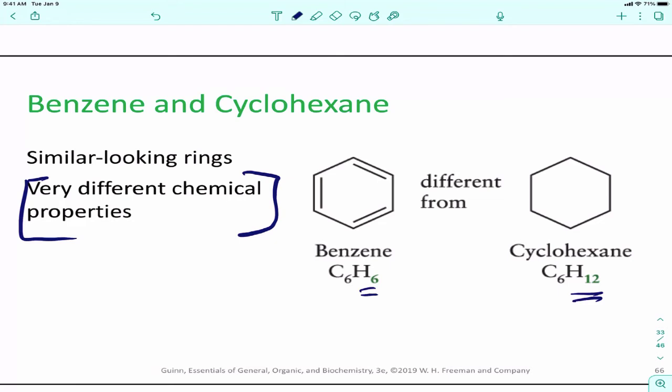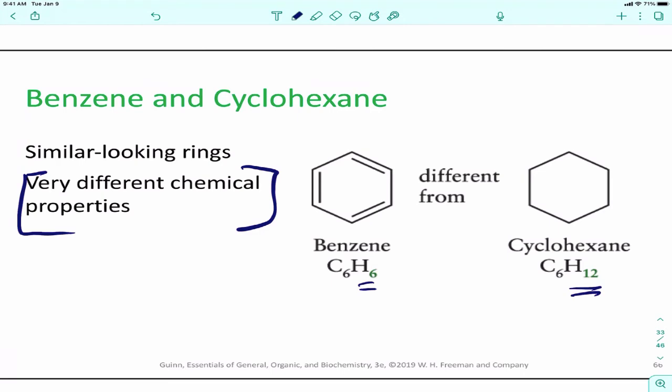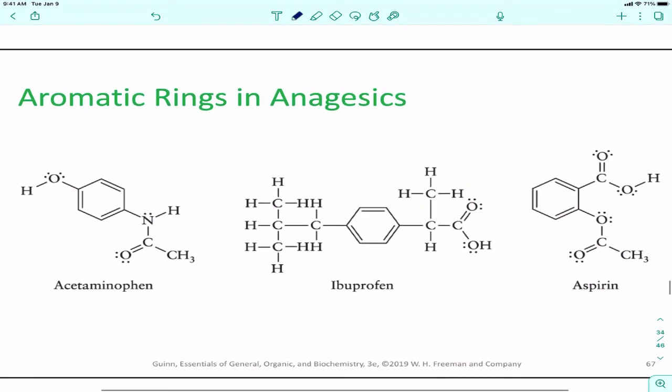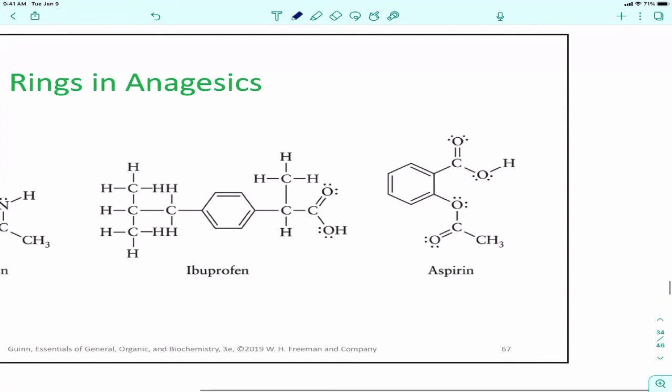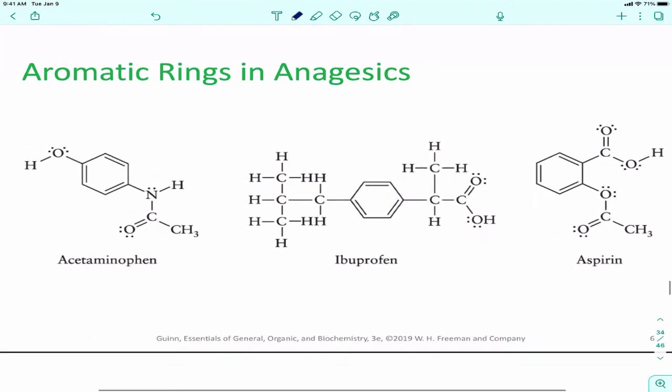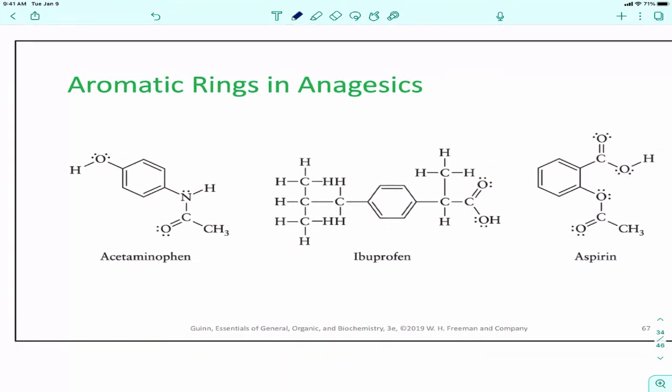Where we see aromatics come up, we actually see this in drugs. Here are the structures of three different compounds: acetaminophen, ibuprofen, and aspirin. All three drugs have similar functions. When we have a headache, we reach for one of these.